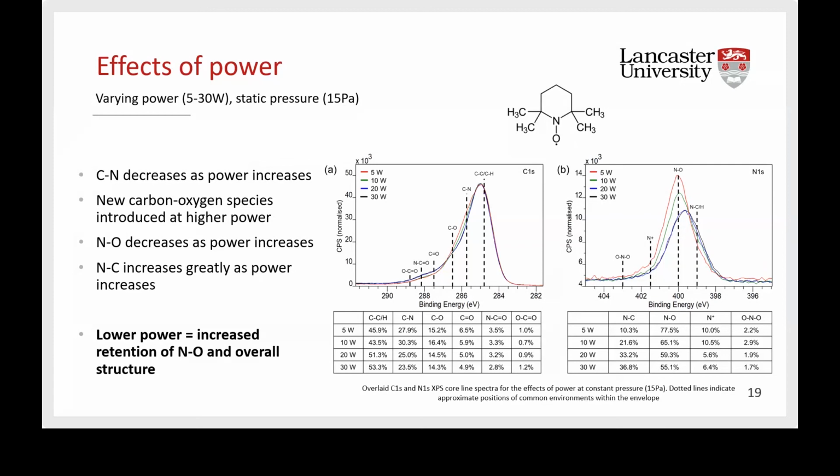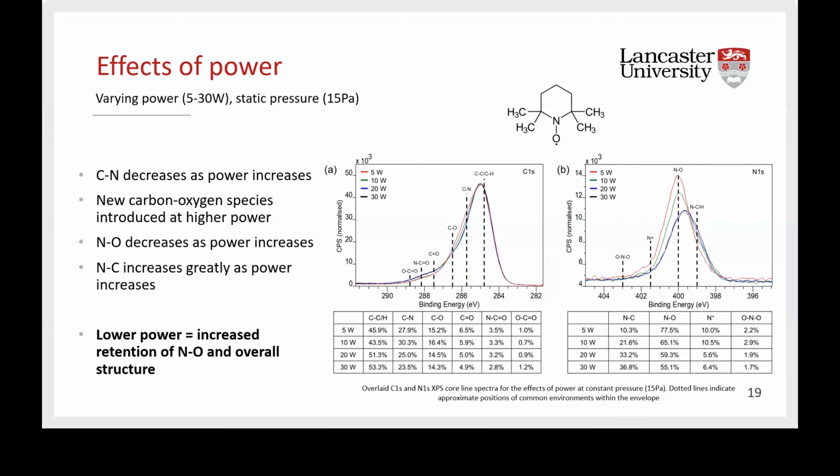It's way too detailed to run through here thoroughly, but I will give you the broad trends today. So the things we're interested in the carbon spectra, which is this part in the center here, are the carbon-nitrogen and the carbon-oxygen environments. And on the nitrogen spectra, we're interested in the nitrogen-oxygen environment in particular.